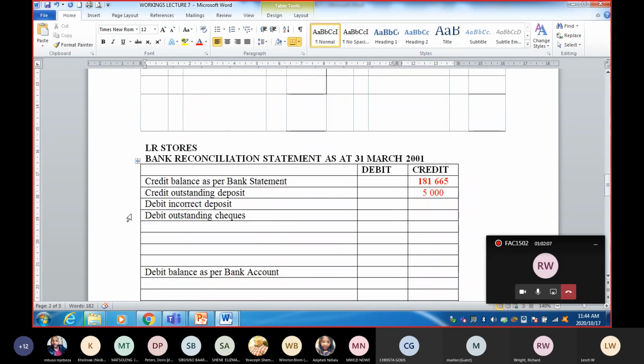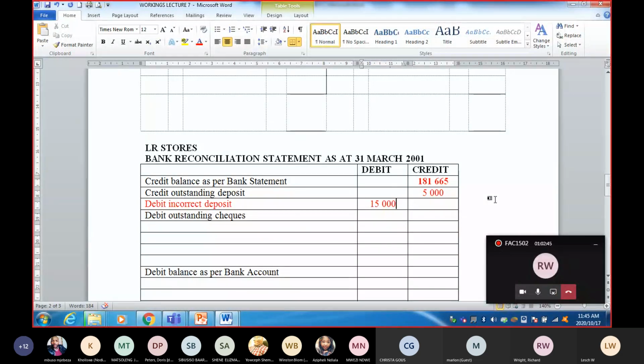So in your bank reconciliation statement, you will write there: debit the incorrect deposit, and the incorrect deposit is an amount of 15,000 Rand. So students, at this stage, we have now identified all the areas in the cash receipts journal and the credit side of the bank statement: items that are in our records, not on the bank statement, and items that are on the bank statement that are not in our records.